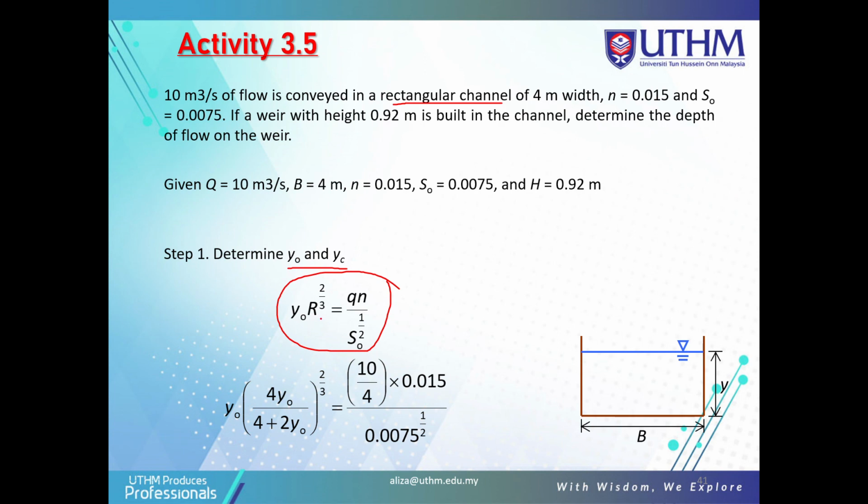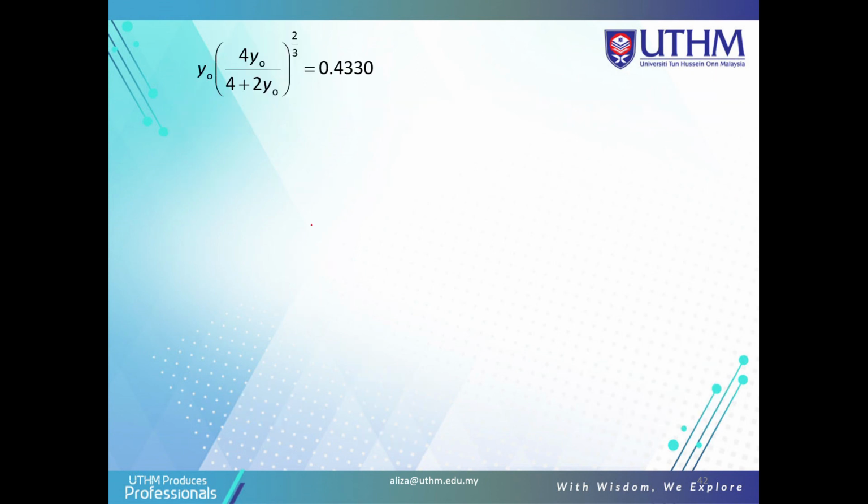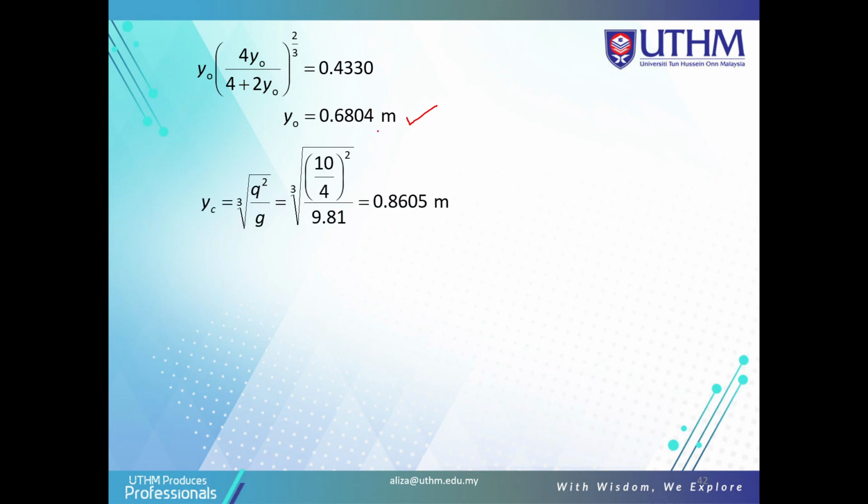R is equal to A over P. So you get this formula, and you solve this calculation by trial and error to get Y0. For YC, you must use the rectangular section formula, so you get 0.8605 meter.